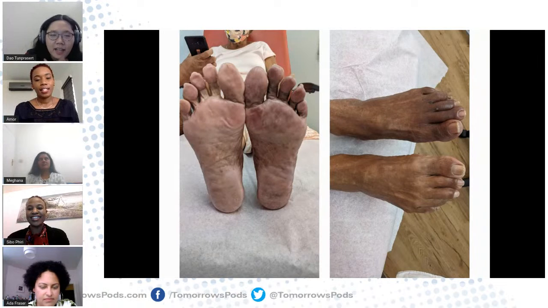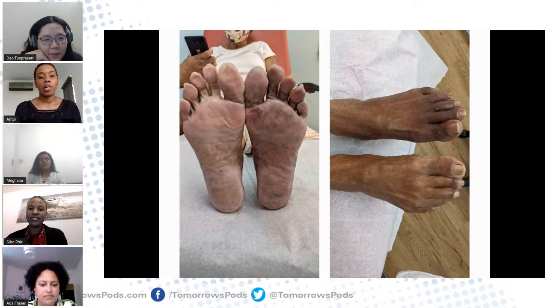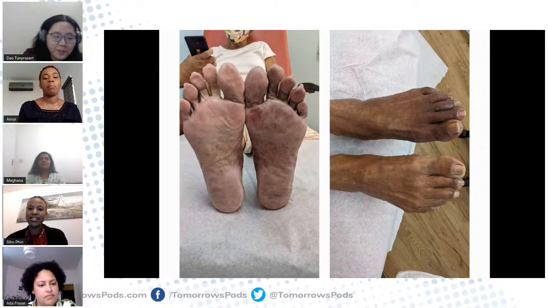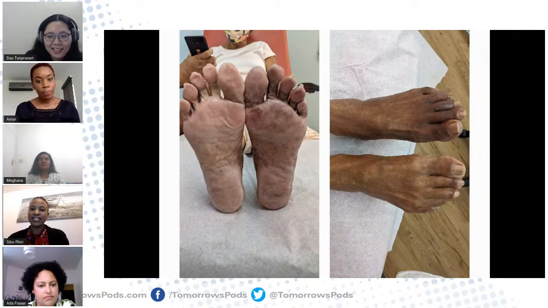These are cases that Amor has seen back home in Barbados. Okay. So I'll just give you some context. This patient came in. She is not diabetic, but she has a history of cardiovascular disease. She had a stroke about 5 years ago. She gets a lot of pain in her feet at night, particularly on the left side.